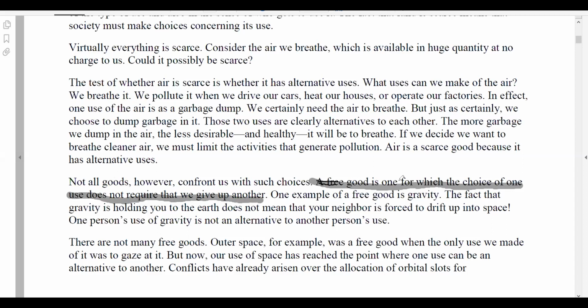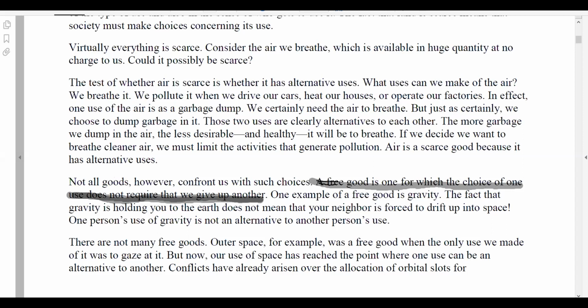A free good is one for which the choice of one use does not require that we give up the use of another. And there are fewer examples of free goods in the real world. Many of the goods that we have are scarce. Just a very, very few are said to be free goods.